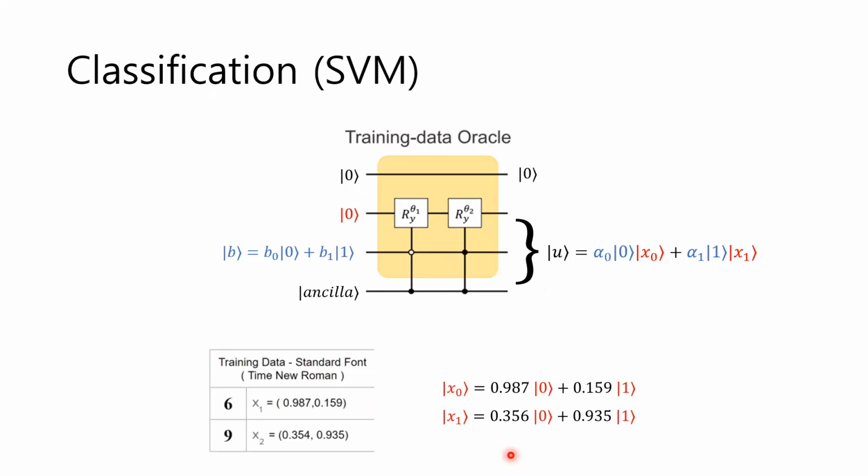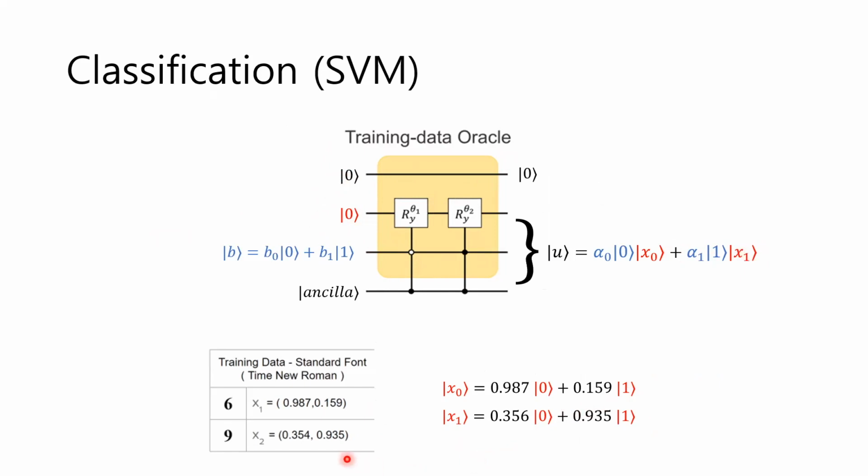So the first part of the classification is the training data oracle. What the circuit does is simply change the states of the red qubits here to x0 and x1.